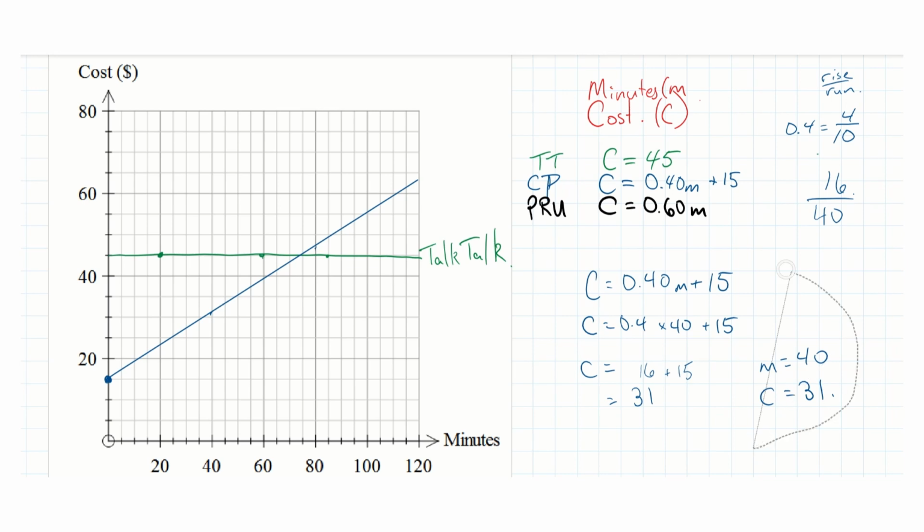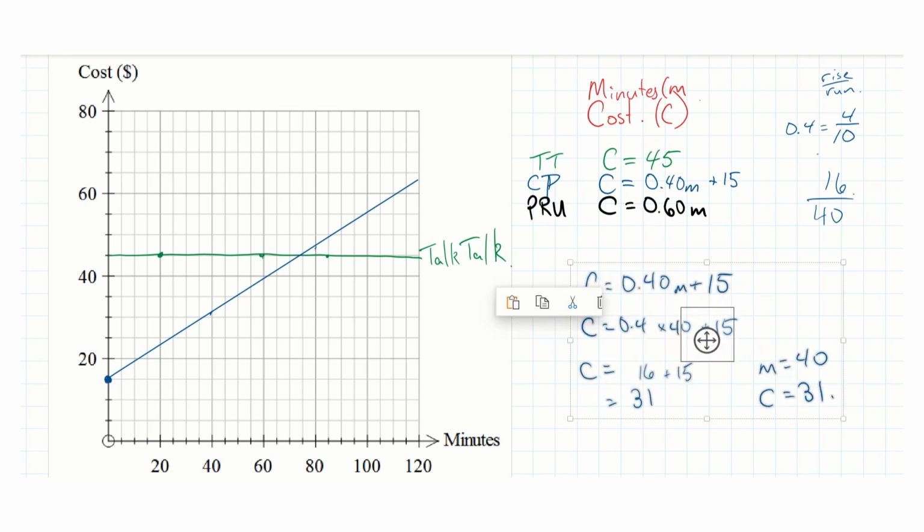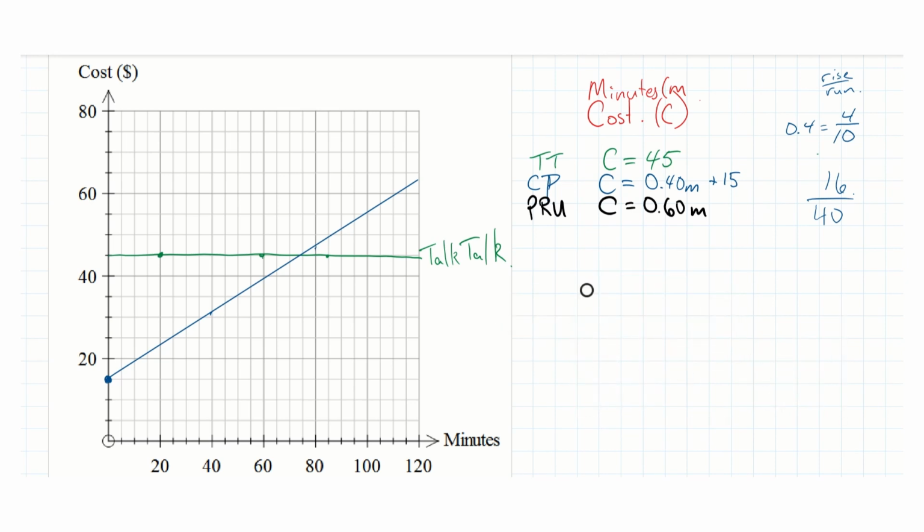Okay? So there are two ways to figure out each of these things, right? I can either use my equation to draw it out, or I can substitute in a number and find each of them. So here we go again: 0.6 m. I'm starting at 0 because I don't have a y-intercept.